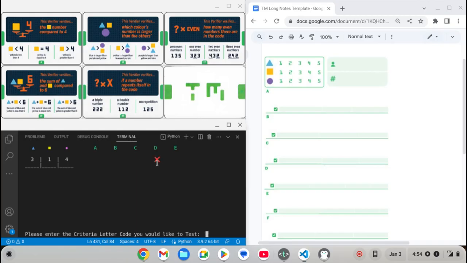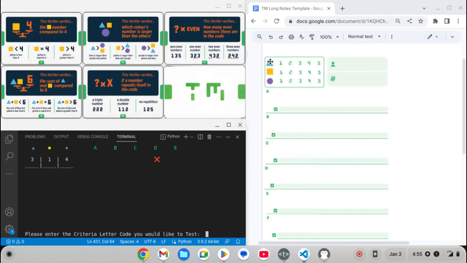Okay, so the Turing Machine does not approve of my proposal. Notice that in criteria card D, we are adding up the first 2 digits. So 3 plus 1 is 4. 4 is less than 6, but the Turing Machine does not agree with that. So that informs us that it must be one of the 2 remaining possibilities, and that is that the sum is either equal to 6 or is greater than 6.